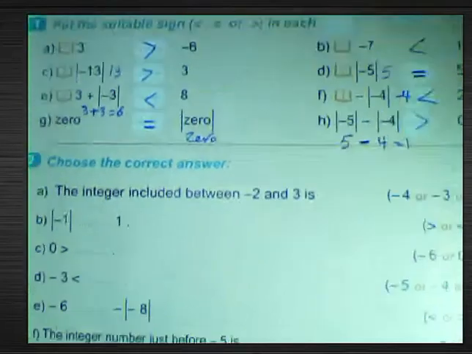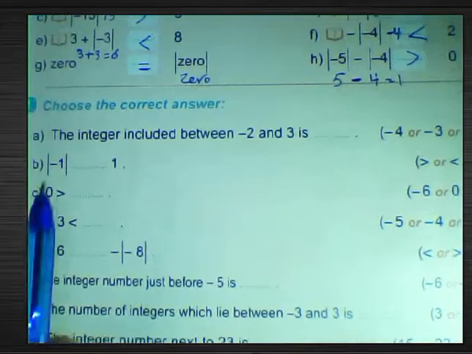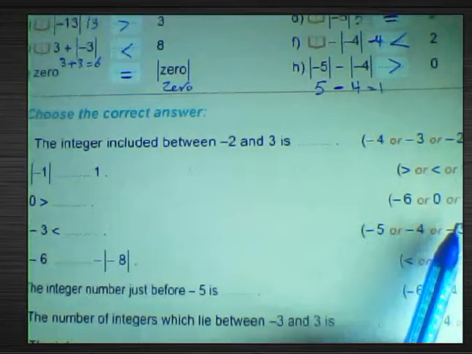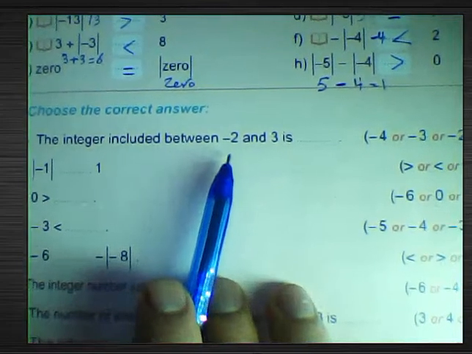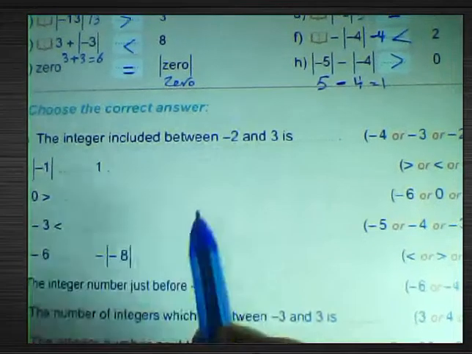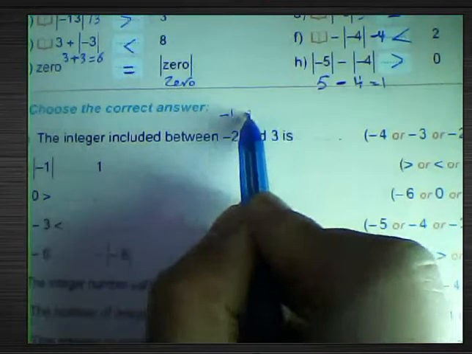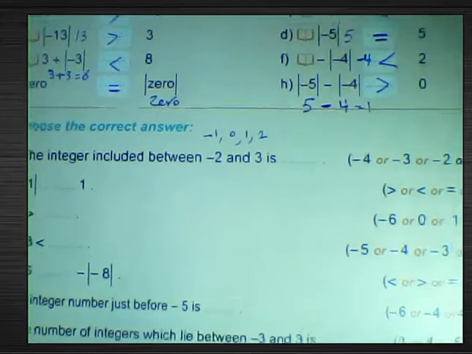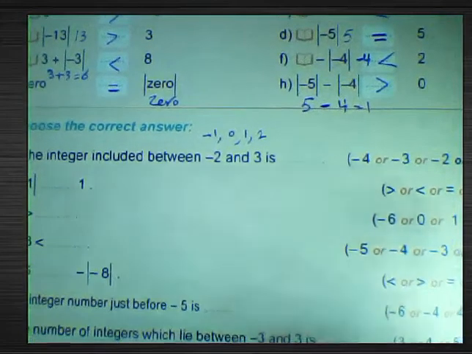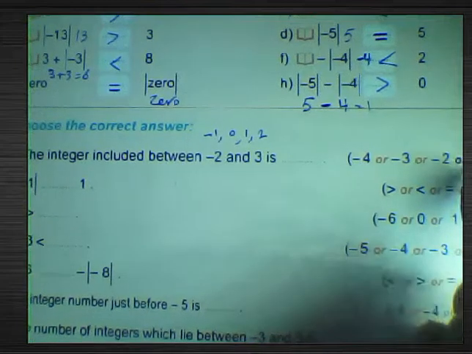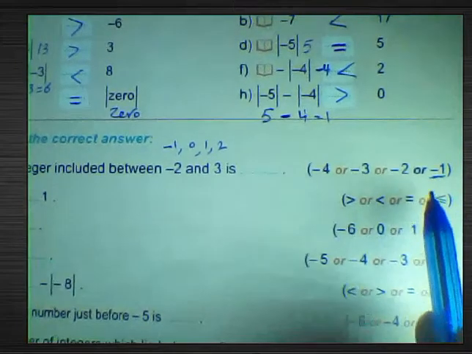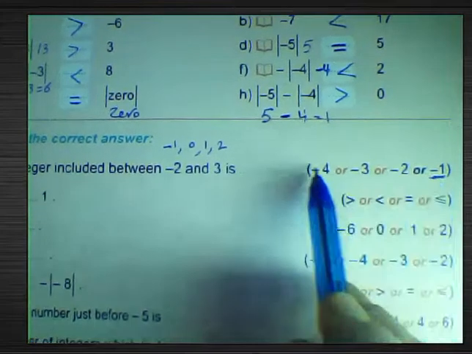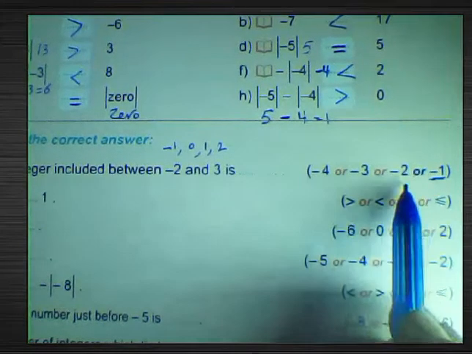Choose the correct answer. Letter A. The integer included between negative 2 and 3 is... We know the integers between negative 2 and 3 are negative 1, 0, 1 and 2. So you can choose negative 1 from the choices in parentheses: negative 4, negative 3, negative 2, negative 1.